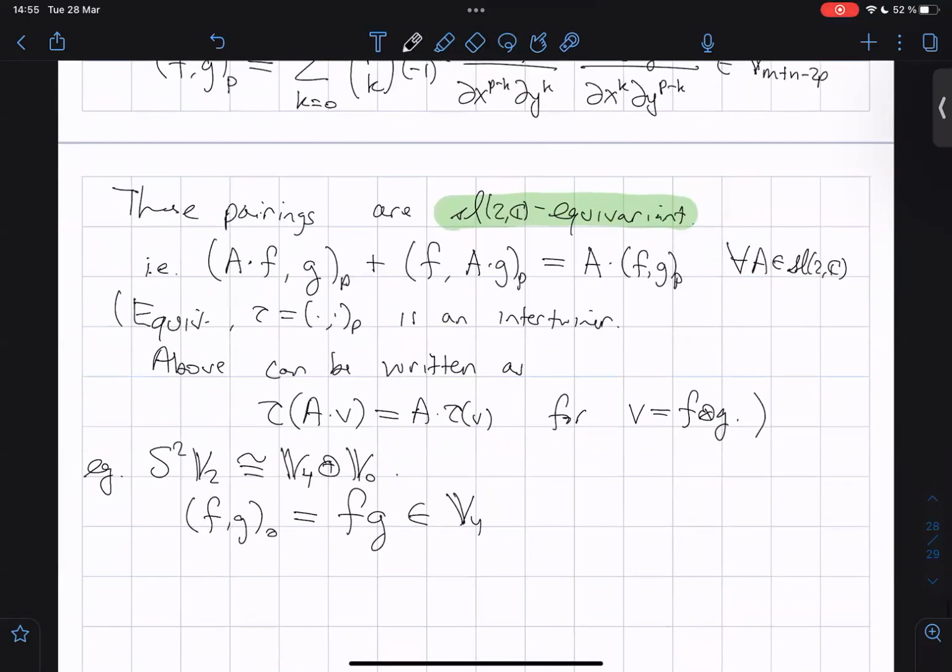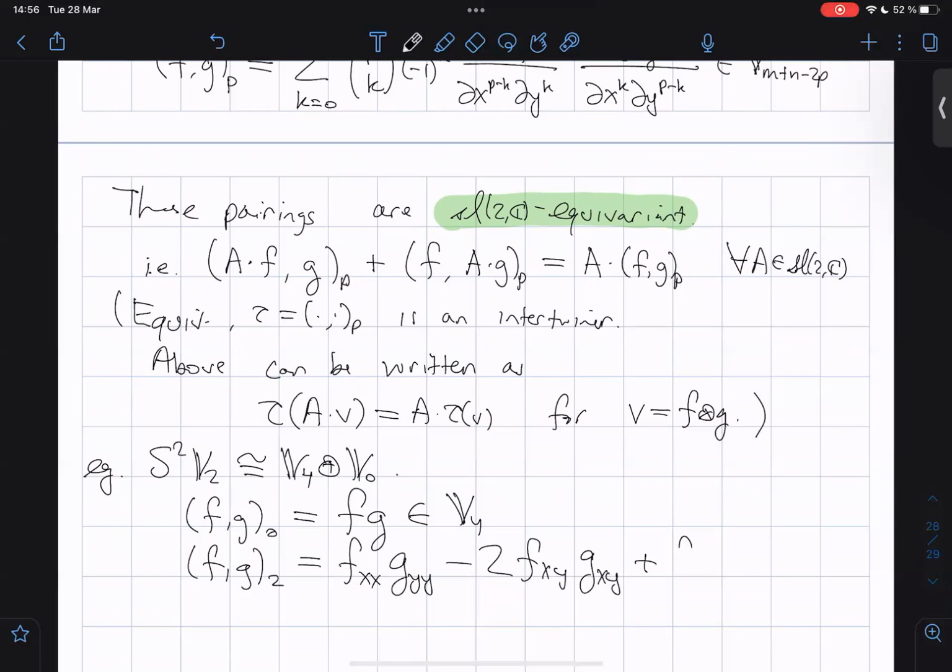What about the next one? F, G, 2. This is going from V_2 to V_0. If we write out the Clebsch-Gordan pairing in this case explicitly, it's F_xx G_yy minus 2 F_xy G_xy plus F_yy G_xx.